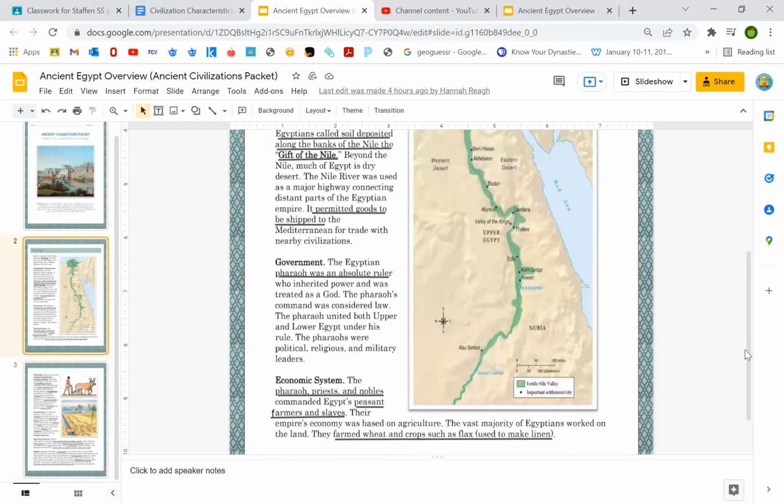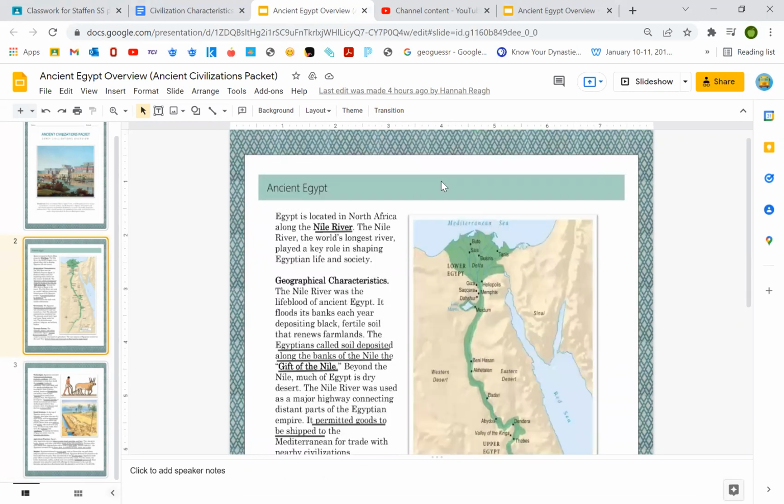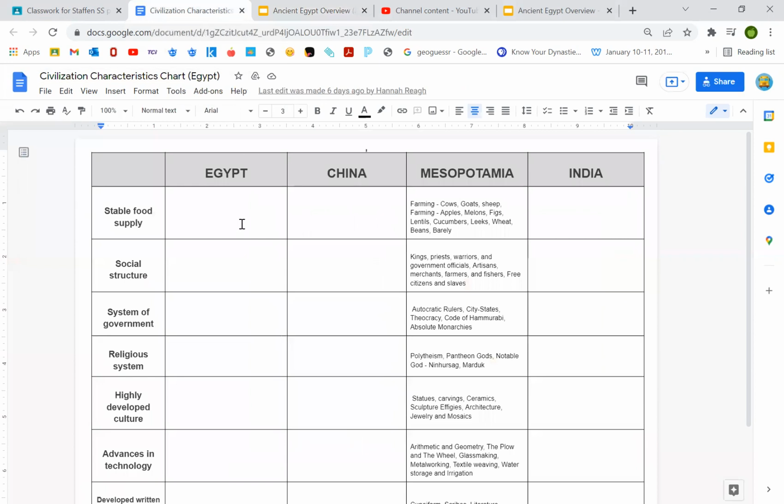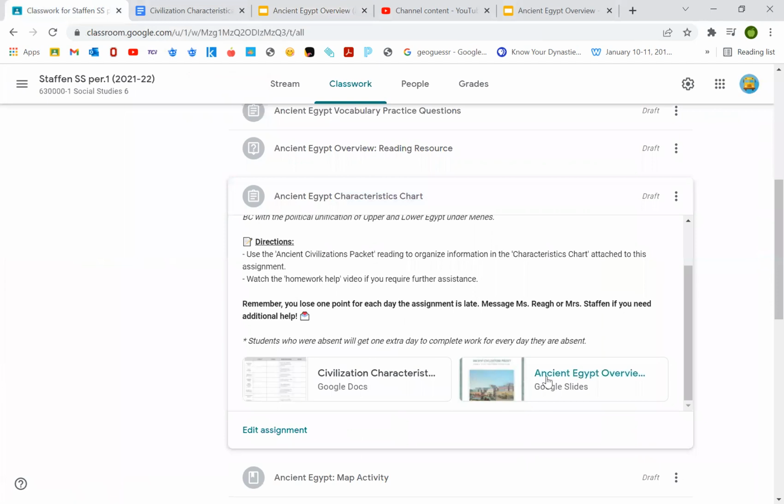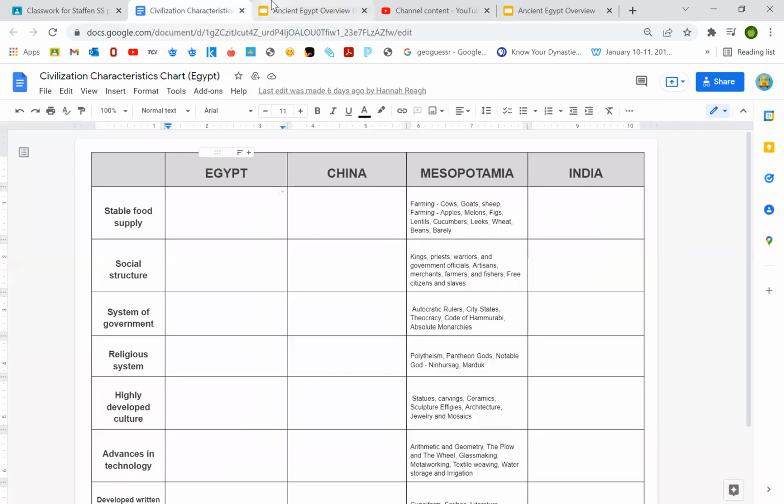And then afterwards, I had you guys go into groups and use your reading to put information into this chart. So if you were absent for this day, go ahead and use the reading packet to fill out the ancient Egypt information chart. So I'm going to do a few examples.